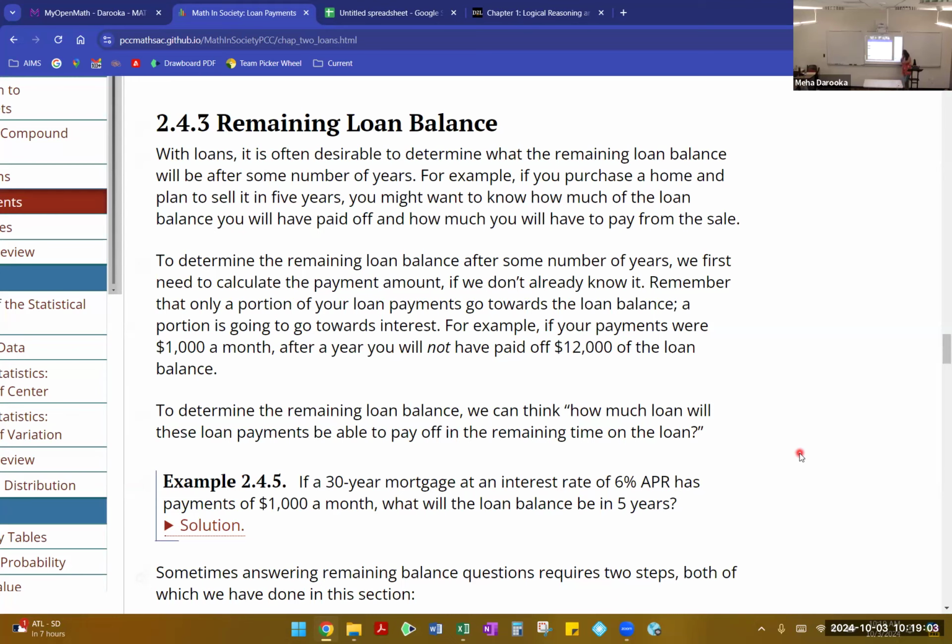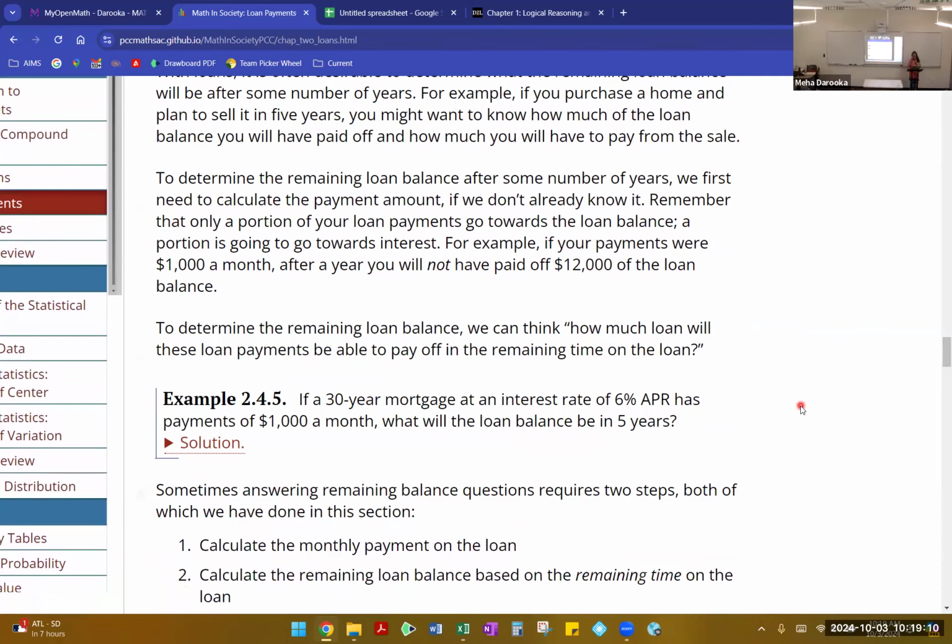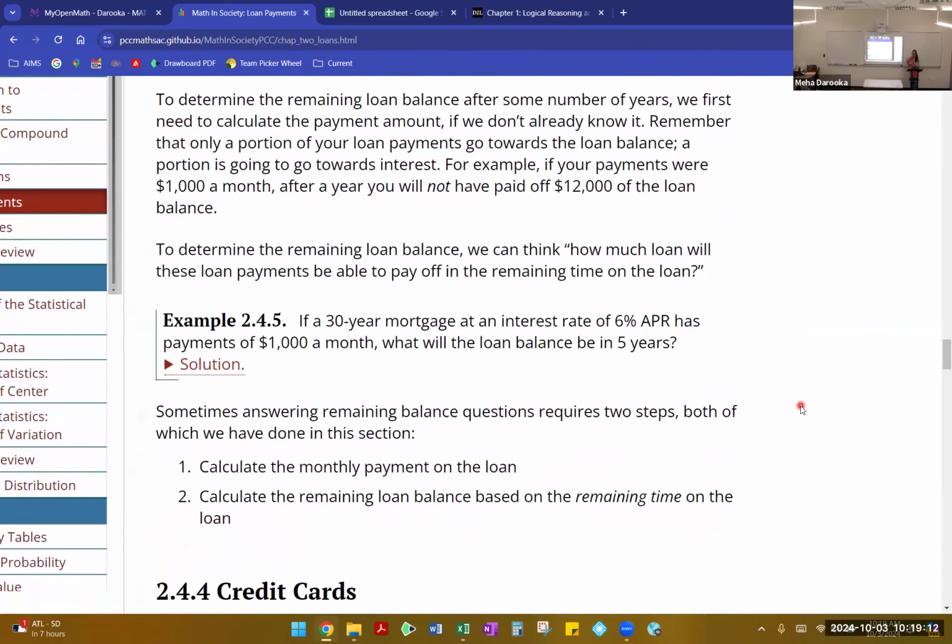Okay, so how much of that is not paid off if we calculate it at whatever time period? So let's take a look at this here. To determine the remaining loan balance, we can think how much loan will these loan payments be able to pay off in the remaining time on the loan?